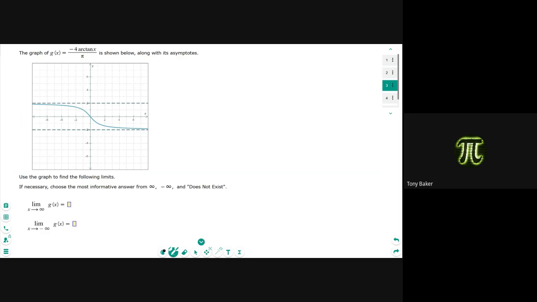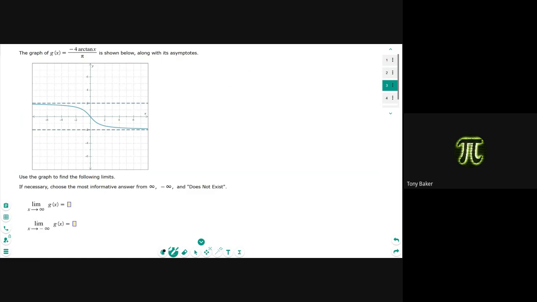One of those things that I will tell you about ALEKS really quickly is if you look down here, they are not always in the same order. It's not always going to be negative infinity on the top and infinity on the bottom when you do your topics in ALEKS. Sometimes they will switch them on you. And if you don't pay attention, you'll put them in the wrong spot and get it wrong and be frustrated. So make sure you read and answer the questions they're asking.